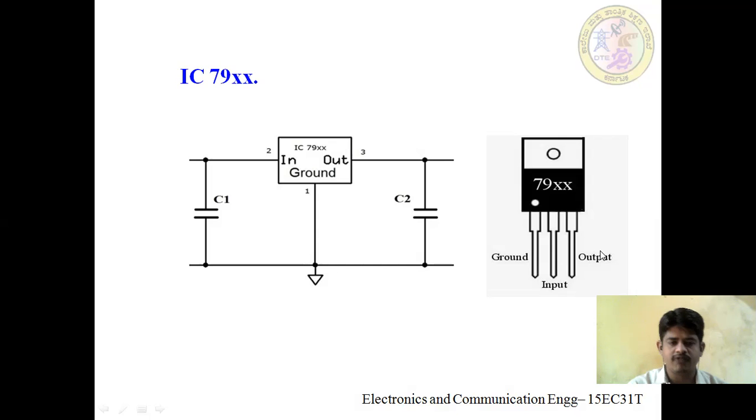Before, we saw the 78 series, and there it was different. So remember how you have to check the pins in the 78 series and 79 series. And in the previous topic we have already seen the need of these capacitors. Okay, so this is the 79 series.